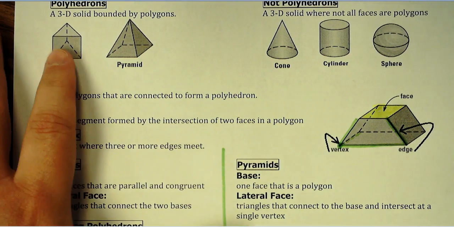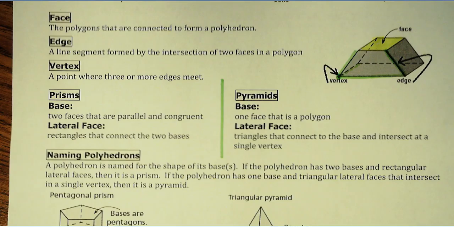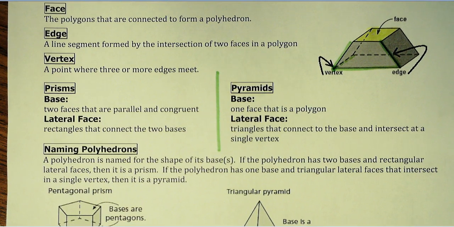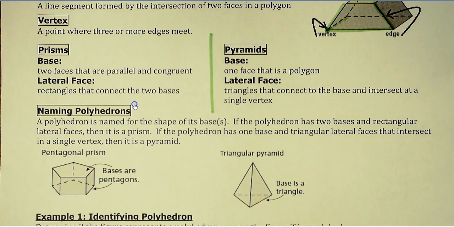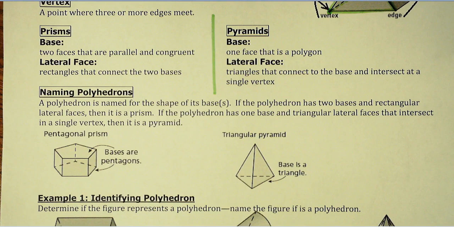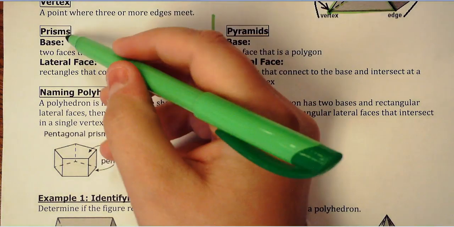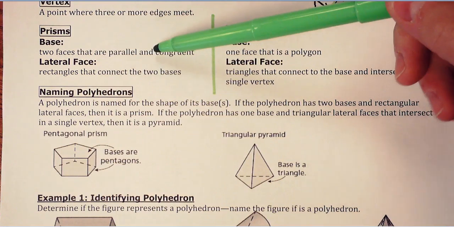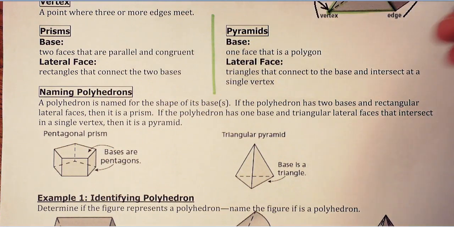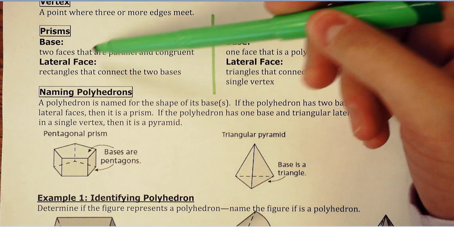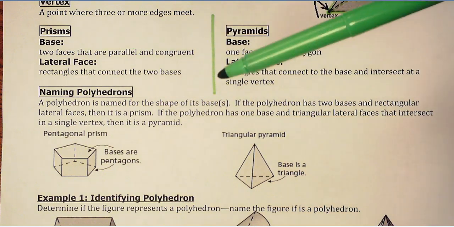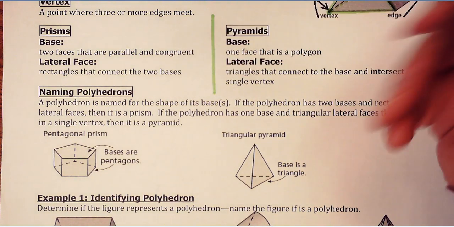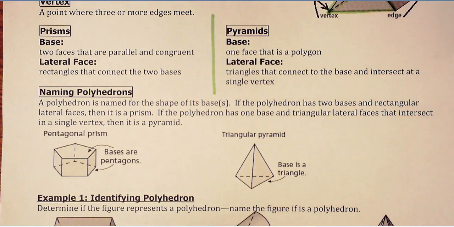So I'm going to talk about prisms and pyramids. So prism, you're going to have two bases. So every prism has two bases. There are two faces that are going to be parallel and congruent to each other. And then what we call the lateral faces are all the other faces in the figure, and for any prism, those will always be rectangles, and they run between the two bases.